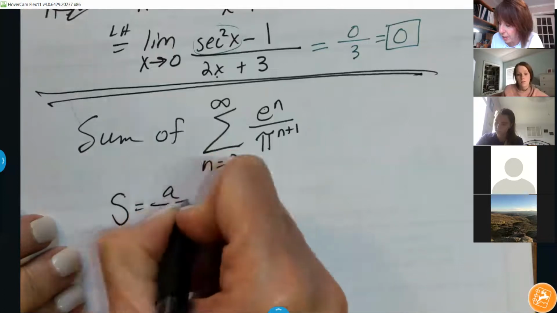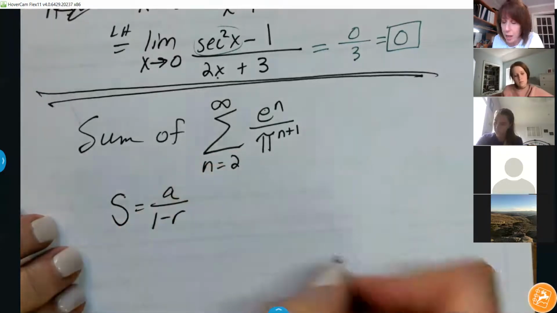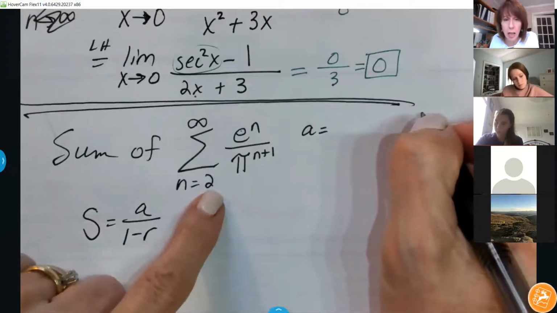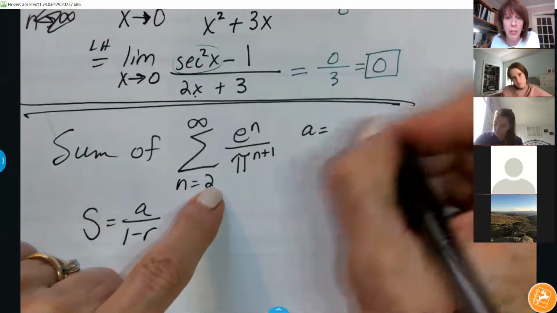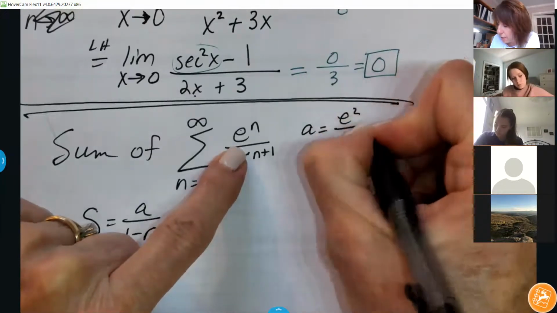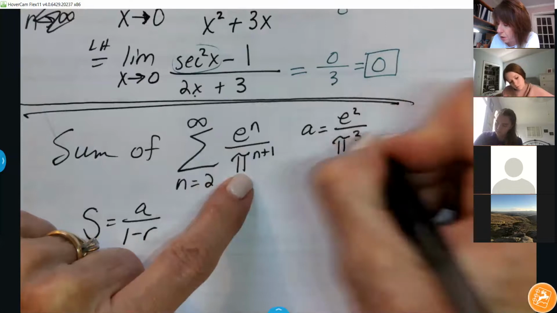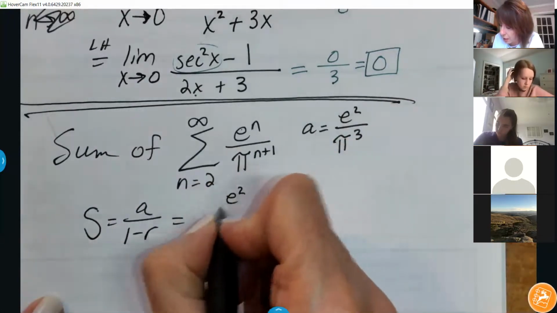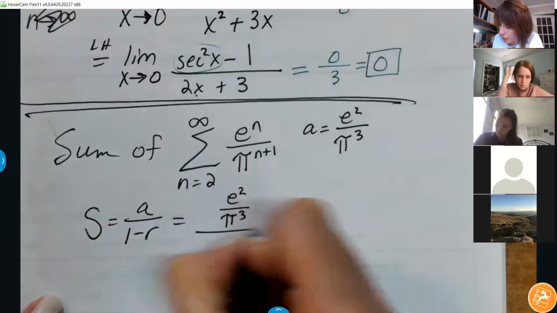Very good. We remember that formula. A is your very first term in your series. So take your time and put 2 in for n, and that will give you A. So we'll have e to the second divided by pi to the third. So that's our A. It's messy, but that's our A.